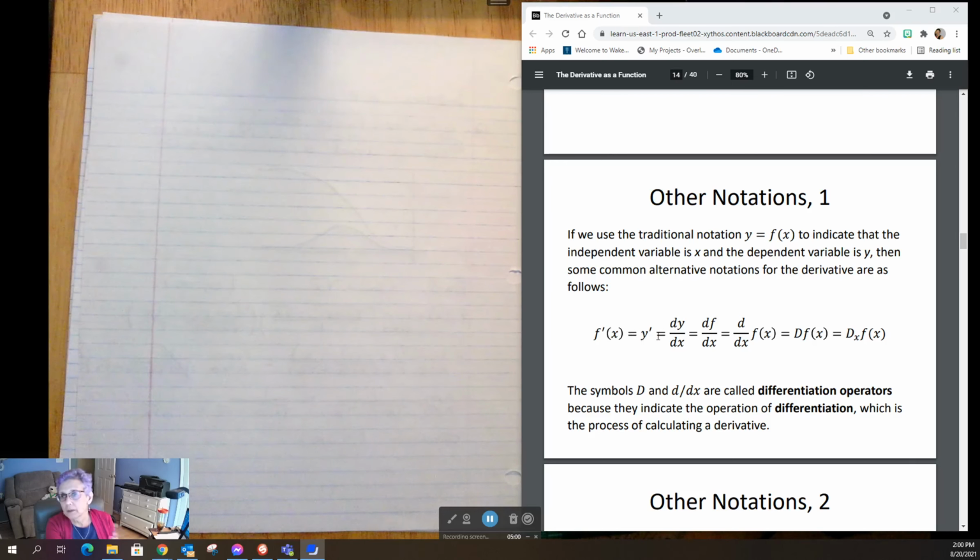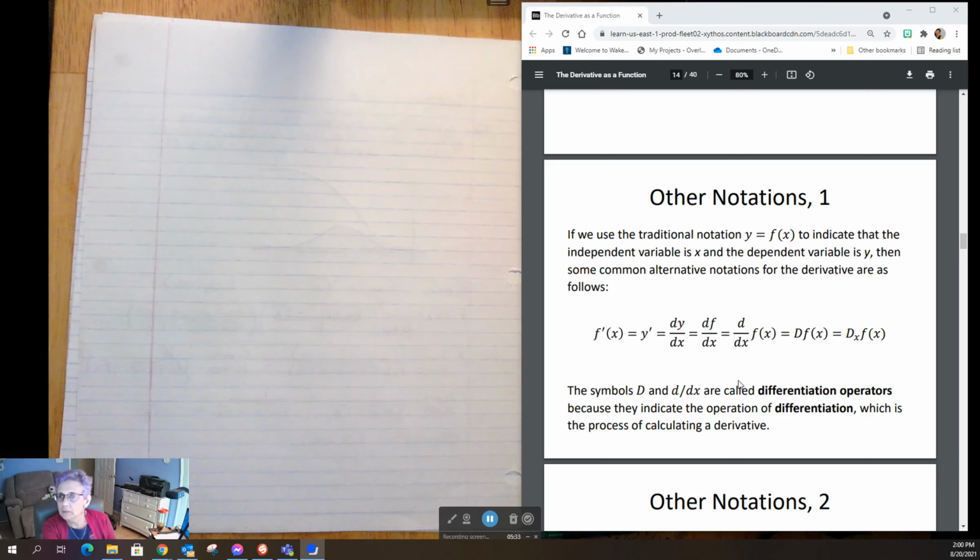So f primed or y primed, you just plop a prime on there. dy dx or df dx means you're taking the derivative of y or a function f with respect to x. If you see just a d on the top, that means you're going to be differentiating a function that's named next to it. So the f can be on top with the x, then it's representing the whole derivative there.